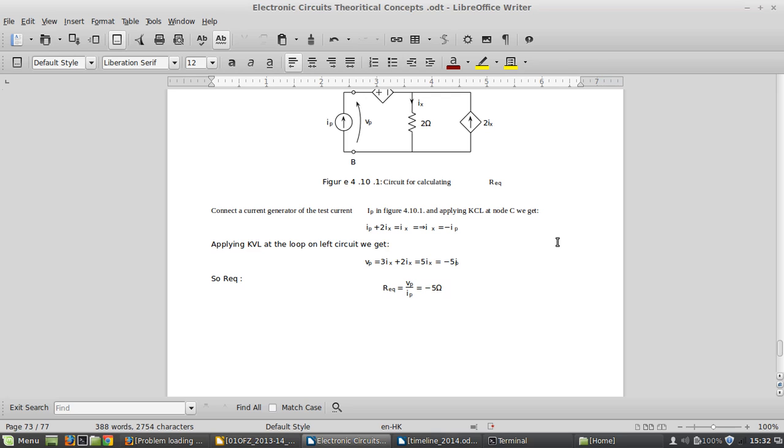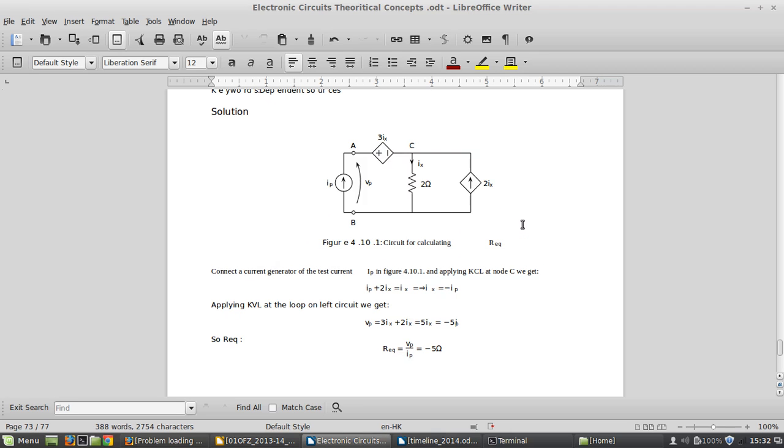So we just have the contribution of this dependent voltage source, and we use this voltage source to find the value of current, because it is this voltage source divided by the resistor present, V equivalent by I short circuit.